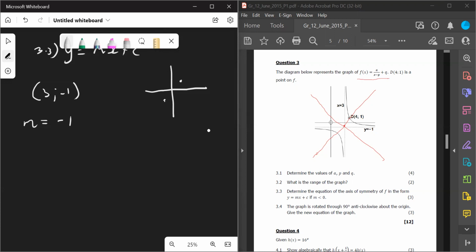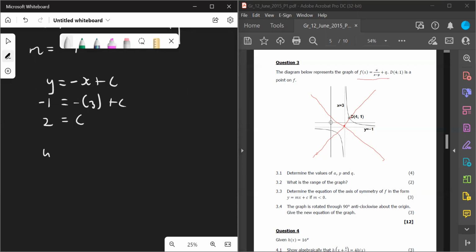So with that in mind, we have y = -x + c. To solve for c, we substitute our point. So we have -1 = -3 + c, which gives us -1 + 3, that's 2. c = 2. Therefore, our equation is y = -x + 2.